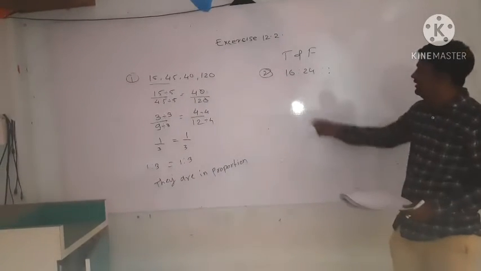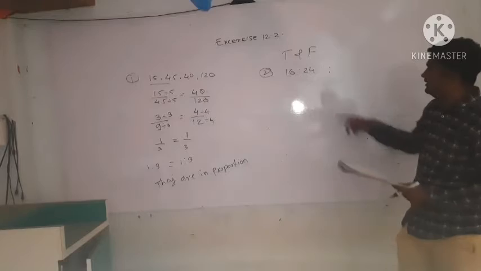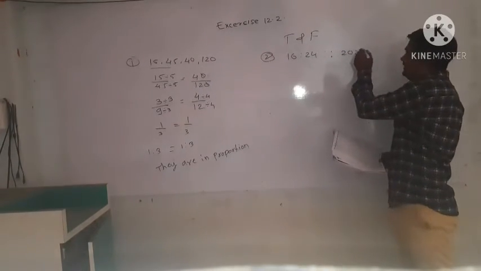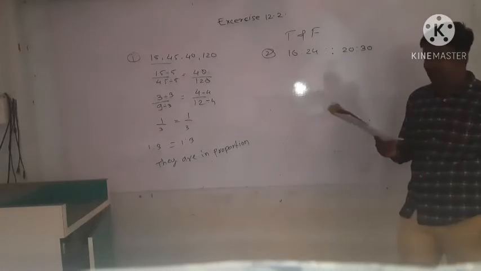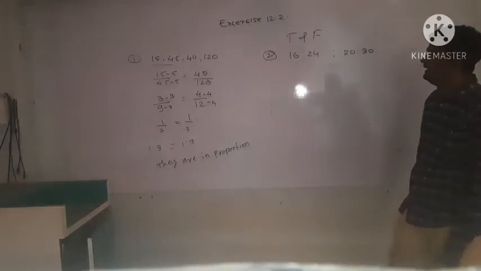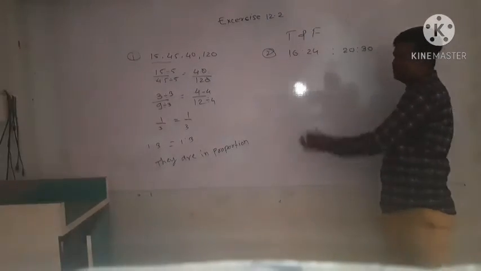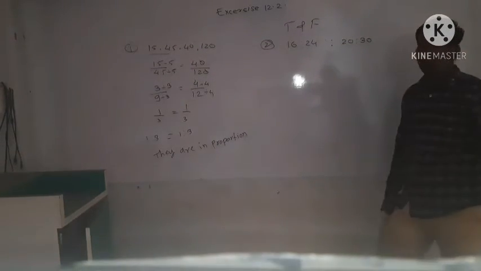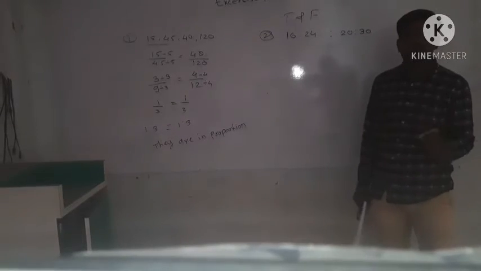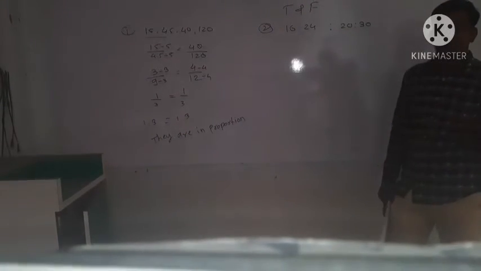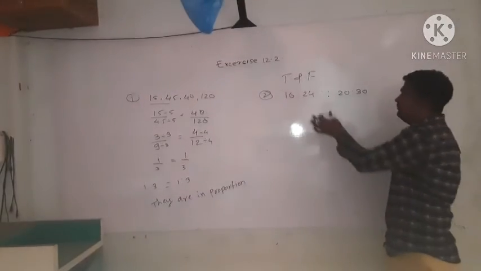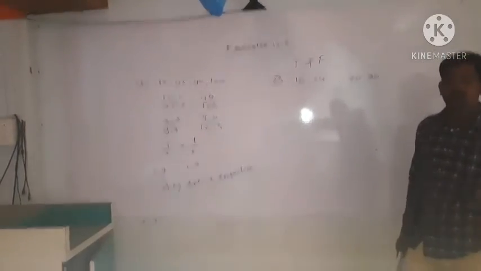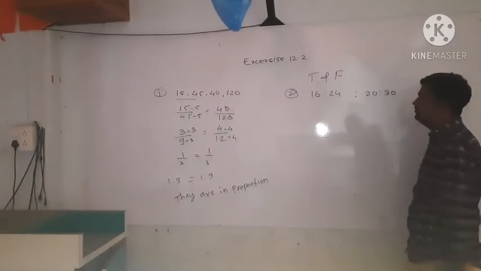Means they have told here 16 is to 24 in proportion 20 by 30, 20 is to 30. Now find the answer. If both sides, RHS equal to LHS, came equal, then it is called they are in proportion, otherwise they are not in proportion. If both came equal, then we can say true. If both came different, so we can say they are false.